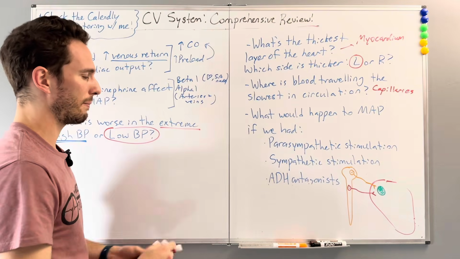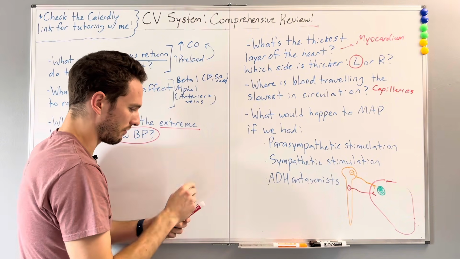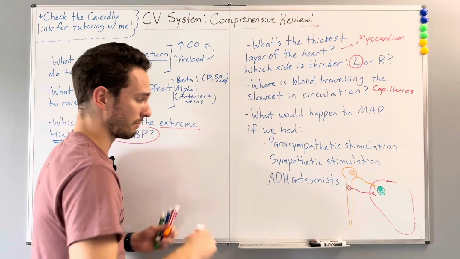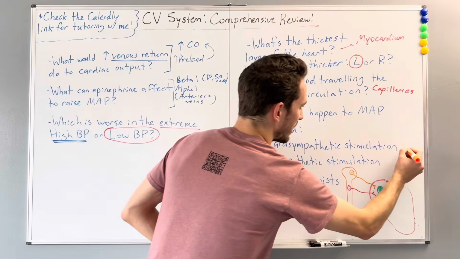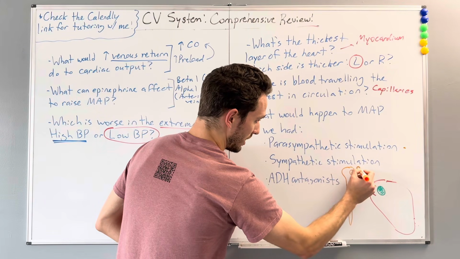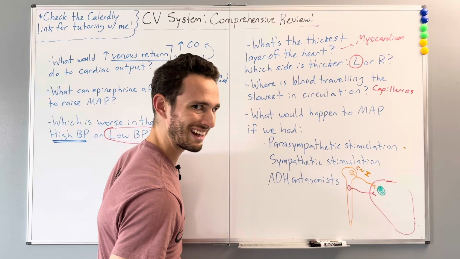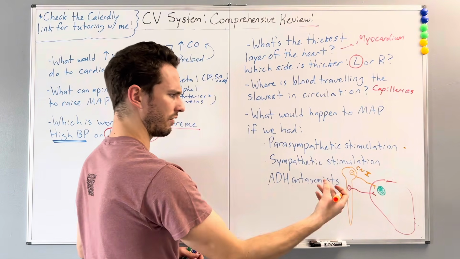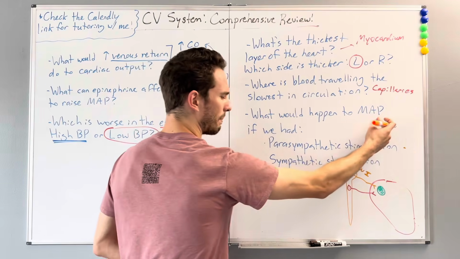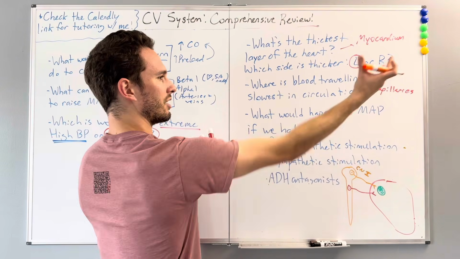What would happen to MAP if we had 3 different scenarios? So we're going to talk about sympathetic, parasympathetic first. The parasympathetic is going to be designated as this orange, and it originates in this case in cranial nerve 10, the vagus nerve. And it will actually go in and talk to the SA node. Okay, SA node controls heart rate. So if we're talking about MAP and heart rate, heart rate increases MAP because heart rate's in cardiac output.